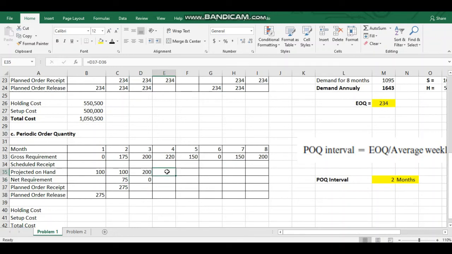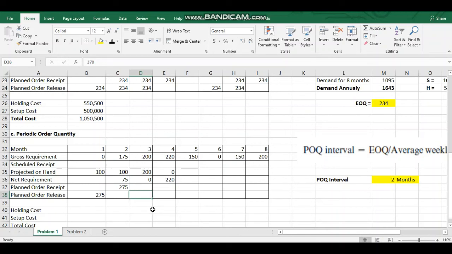Next, in the fourth month, our inventory is 0, while our requirement is 220 units, so the net requirement is 220 units because there's no inventory to fulfill even a half of it. To fulfill the current month's requirement, we have to place an order 1 month before, which is at the third month.